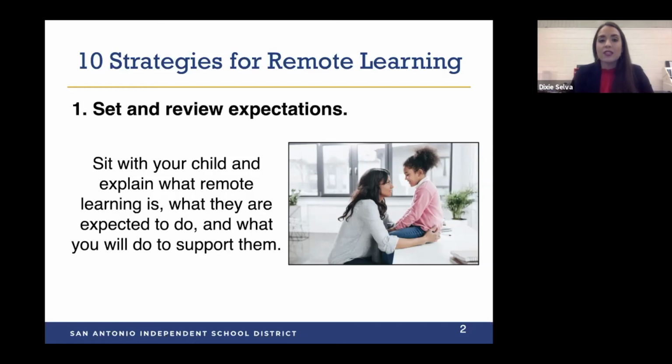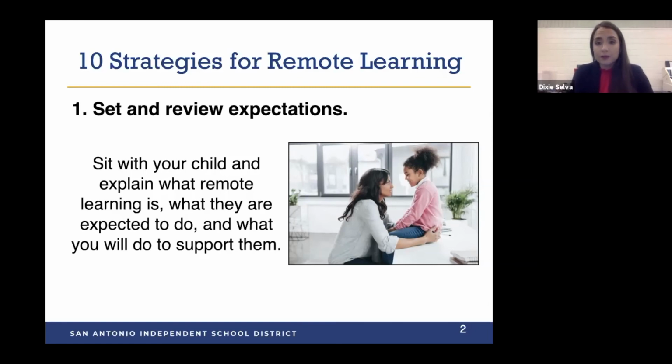All that is, is sitting with your child and explaining what they should be doing the next day and what you're going to be doing and how you will be helping them. That really will set the tone for the next day and help them get a clear picture of what they should be doing, what they can do, what they should not do, and ways that they can ask you for help.